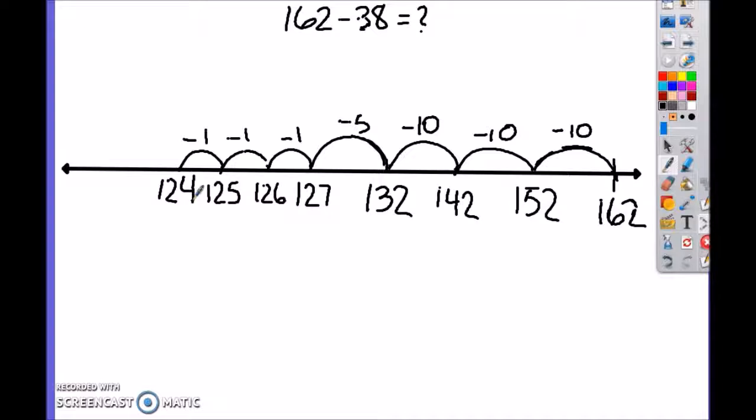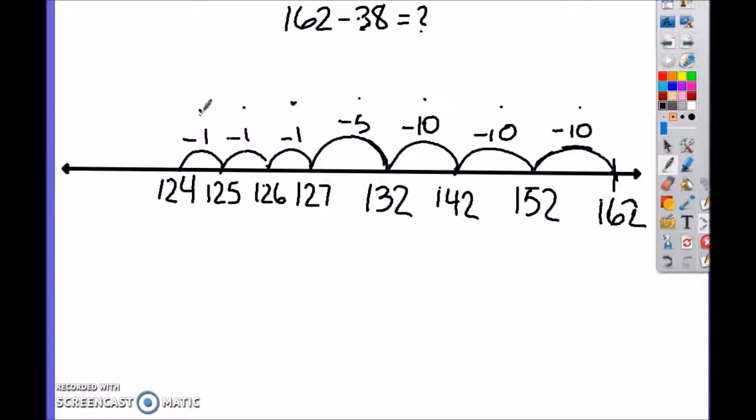We can go ahead and start at 162 and start jumping back from there. So from 162 to 152 to 142 to 132 and then back 5 to 127. Let's jump 3 ones. 126, 125, and then finally to 124.